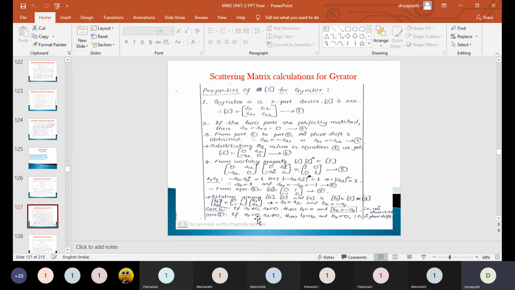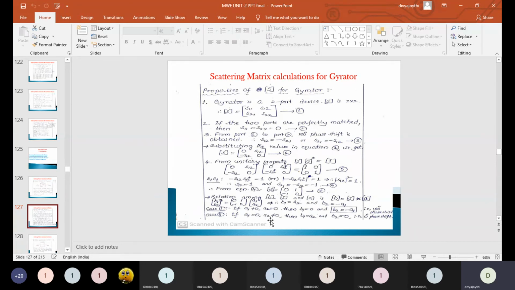And in case 2, we are assuming that input is provided to the second port, so that A1 will be 0. So here B1 is equal to A2. See, when you give input to A1, you get a minus symbol.